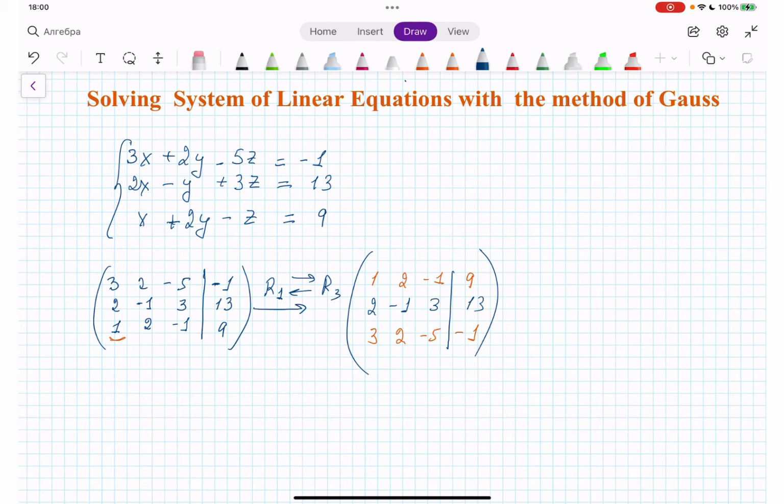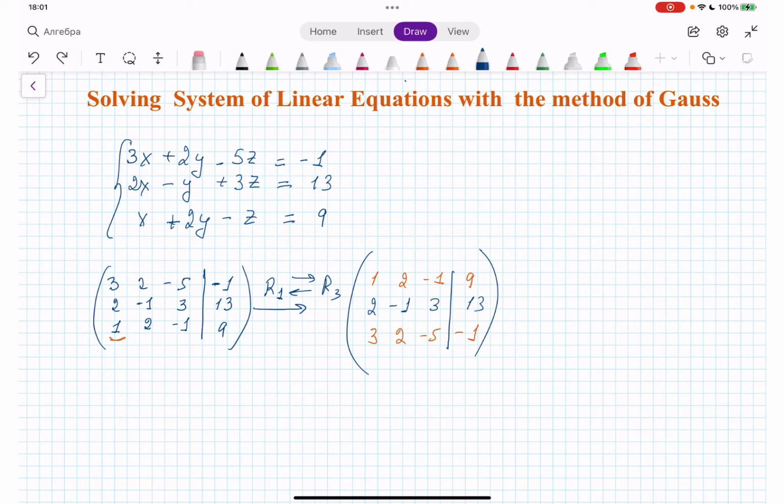Okay. Next, so I have 1. This leading coefficient 1, I got it. Now my job is to turn the rest of the column, the 2 and 3, into 0. What am I going to do here?